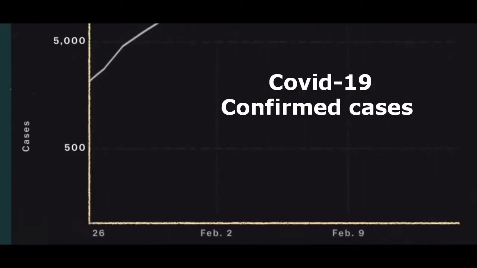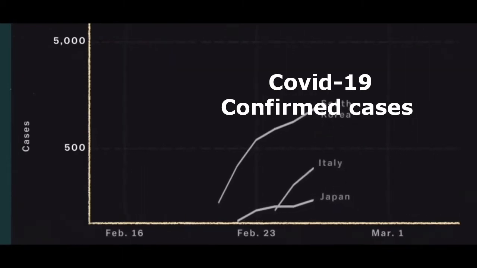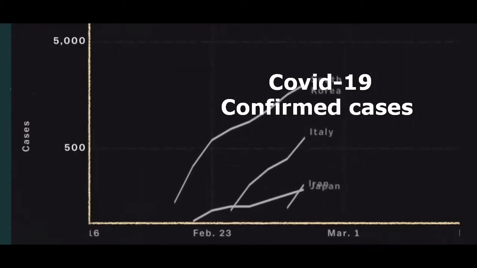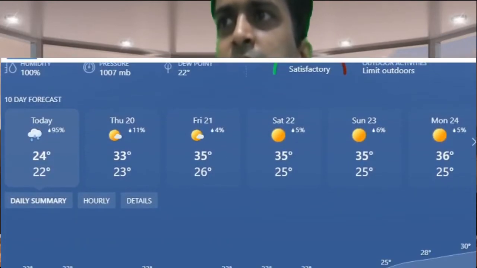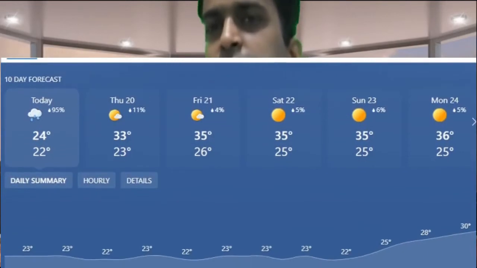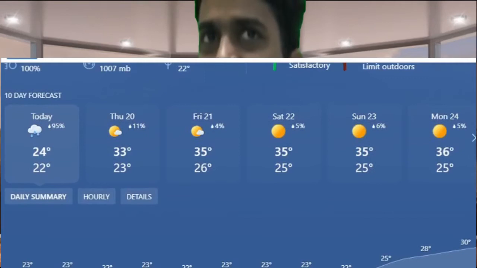So if you do not plot it, you will not be able to understand the way it is moving, how the graph is going. We cannot understand without plotting it properly. For example, if I have the data of temperature every day, by this data you cannot understand how temperature is increasing or decreasing.